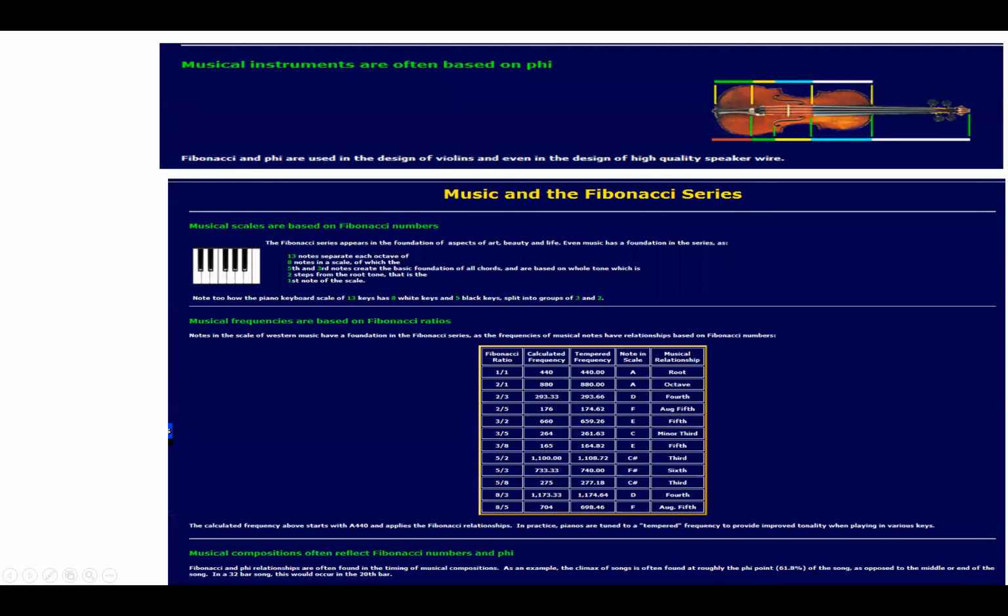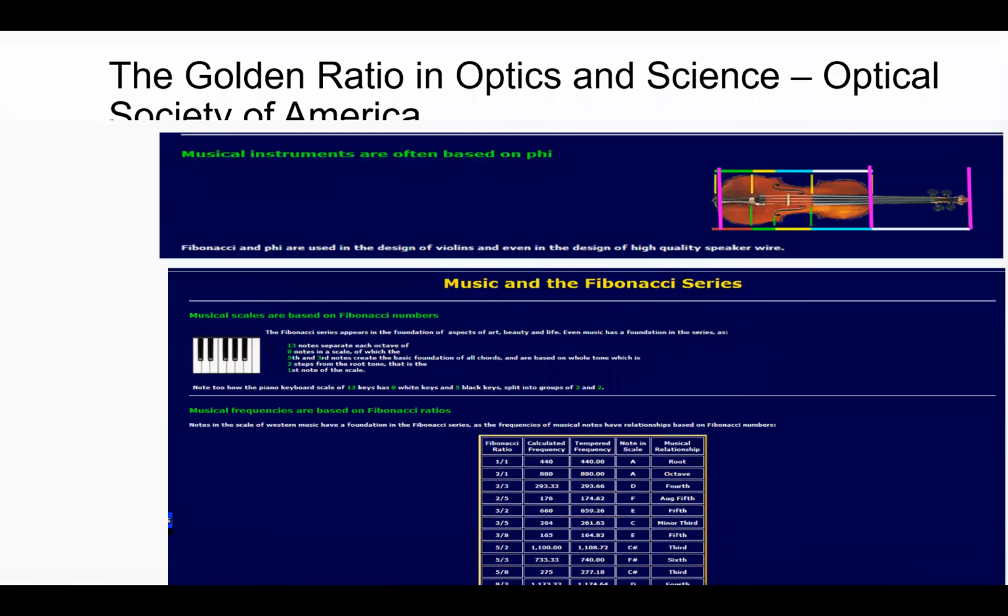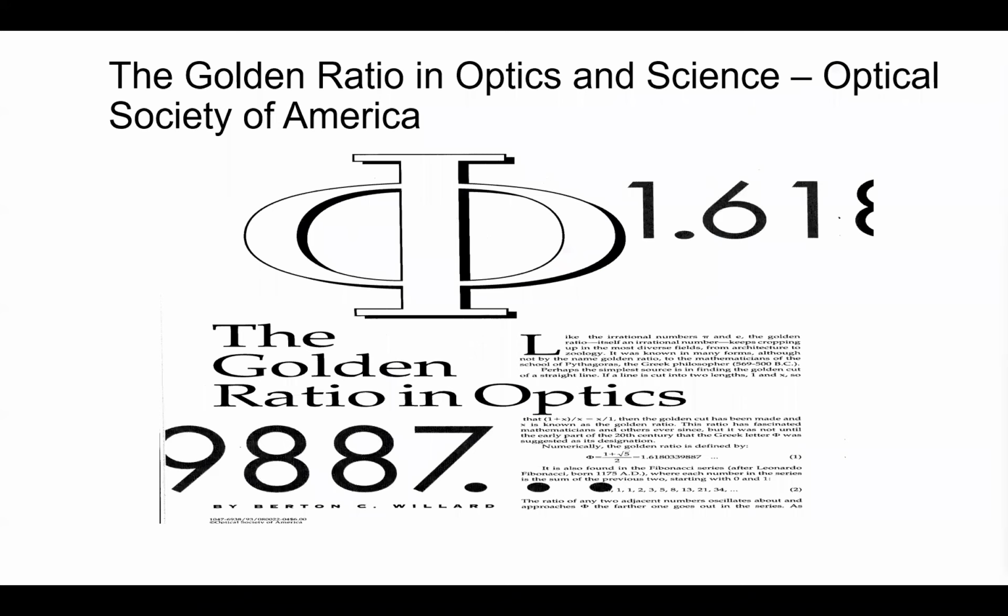Also in music, there's a relationship of Fibonacci ratios, not only in music itself, but in instruments such as this violin up here. The musical scales are based on Fibonacci numbers. Excuse me, I'm trying to get to my next slide. This slide was sent to me by a student of mine quite a long time ago, and he was an engineer with NASA.